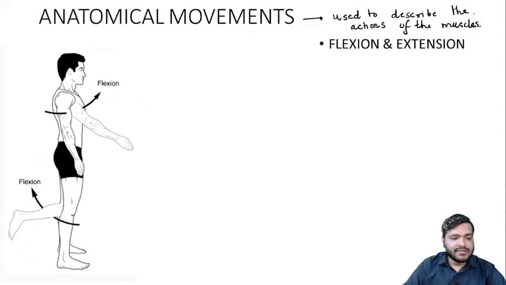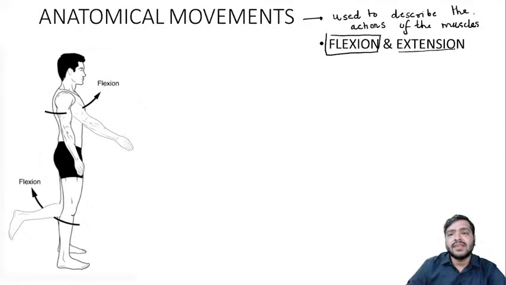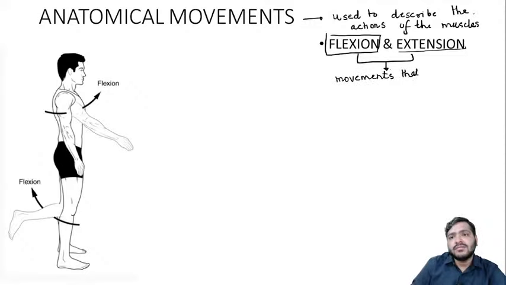Now guys, the very first anatomical movements that you should know are flexion and extension. See, both these movements occur in the sagittal plane.